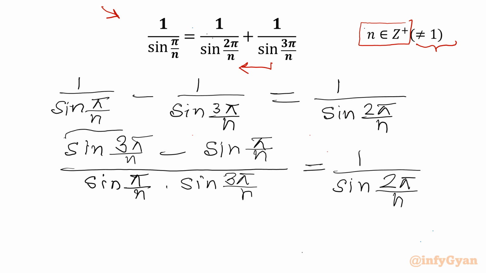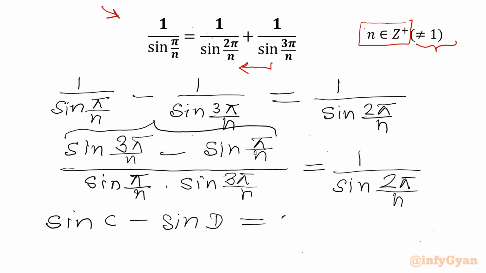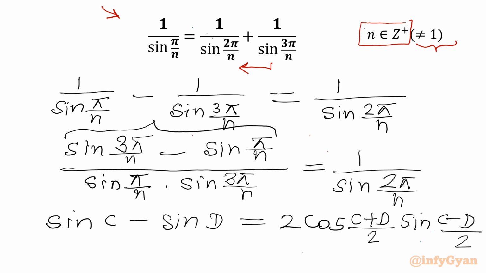Now in the numerator, we will apply the sin C minus sin D formula. So let me write here: sin C minus sin D is equal to 2 cos of (C plus D) by 2 and sin of (C minus D) over 2. Let's apply.